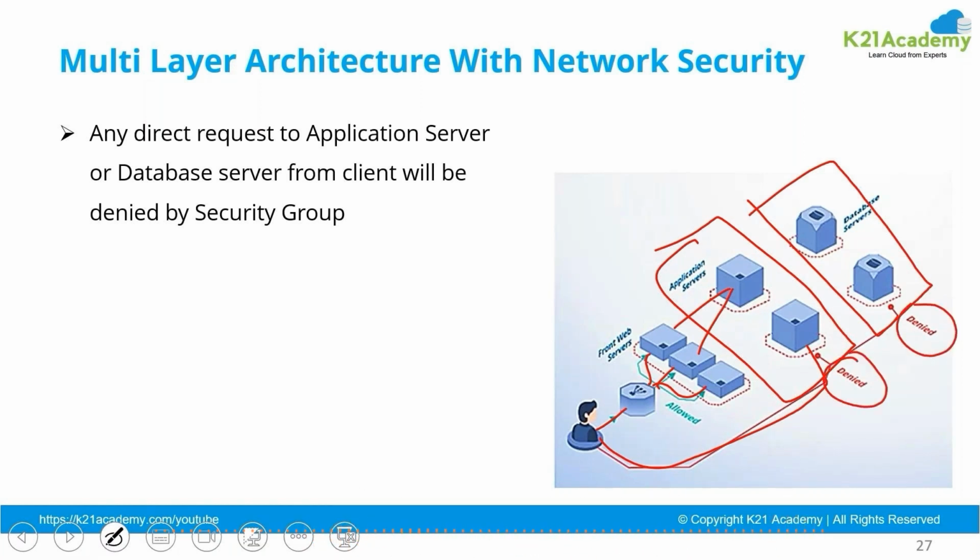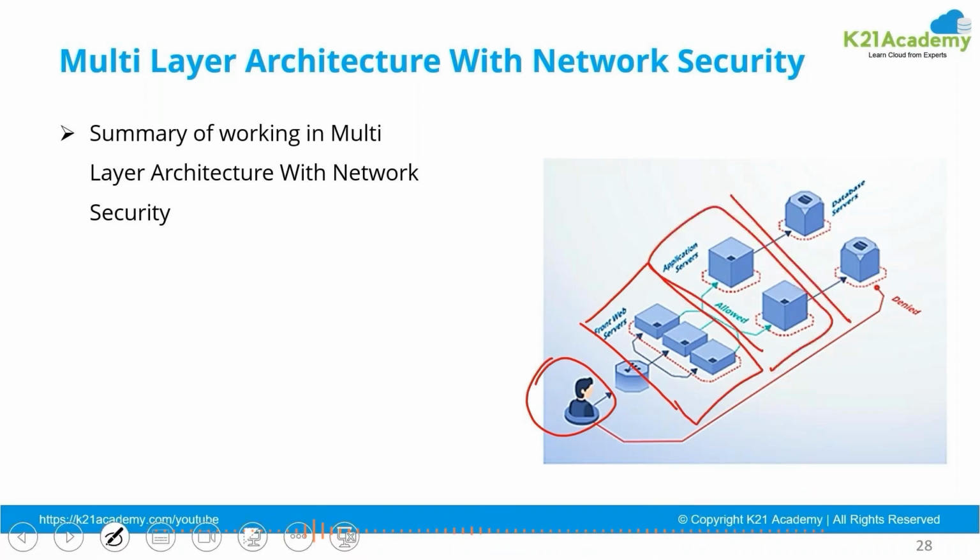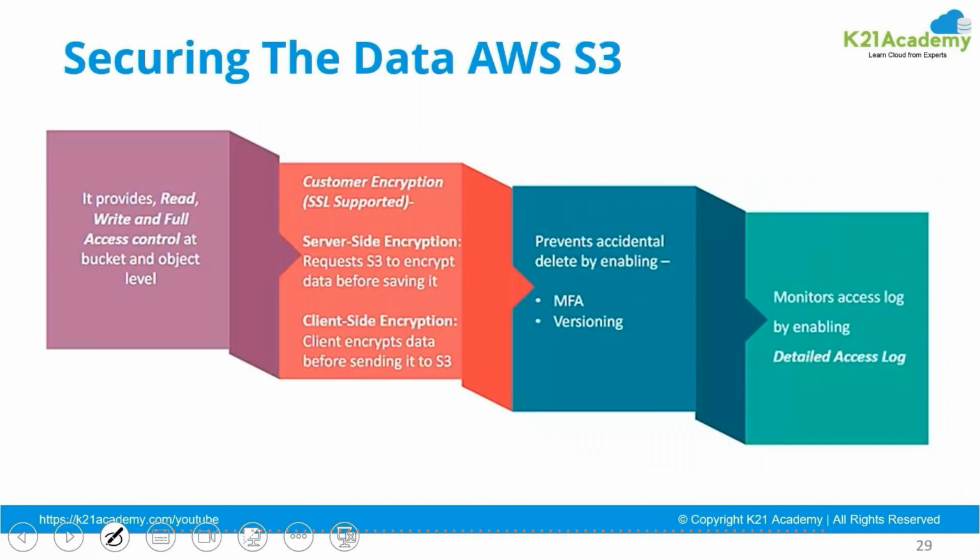In the security group and the NACL, only traffic originating from this subnet is allowed to get inside the application server and the DB server. It is not allowed to come from anywhere else. So it adds a layer of security by deploying a multi-layer architecture. Your external user is confined to the web server. He cannot use the application server or the database servers as per the rule.